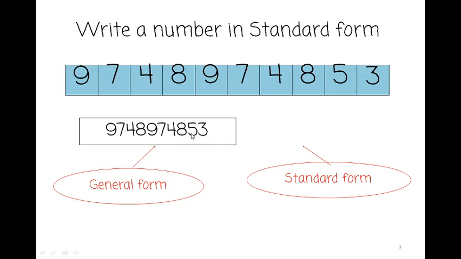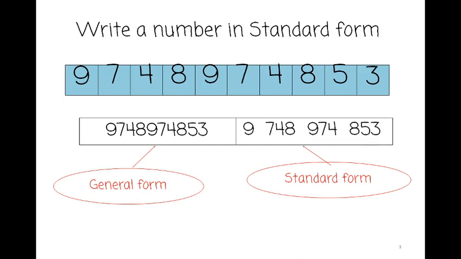Take the last three digits for the unit zone, the next 3 for the thousands zone, the next 3 for the million zone, and the next for the billion zone. So in standard form, we have to separate each zone by a space or by a comma.